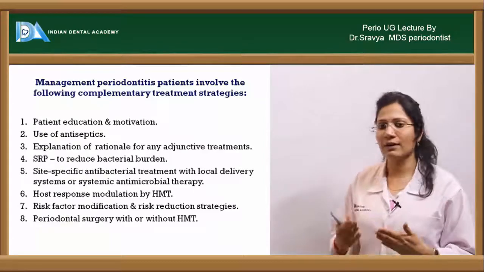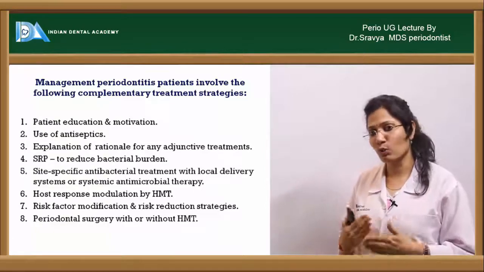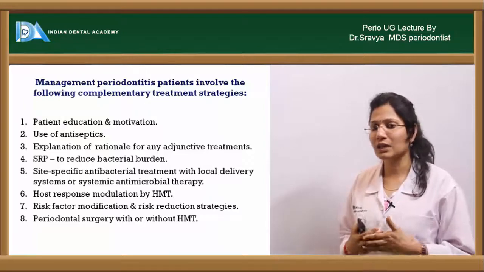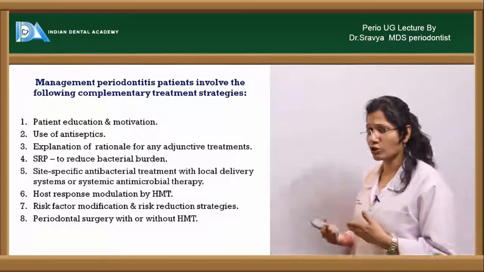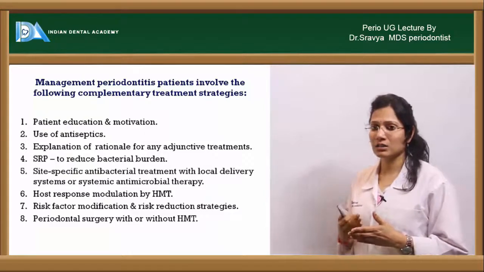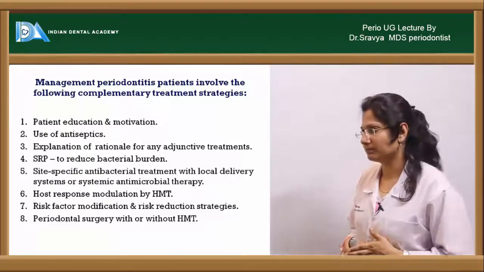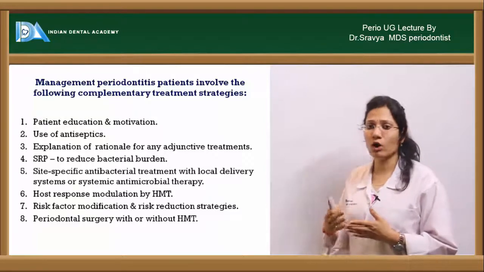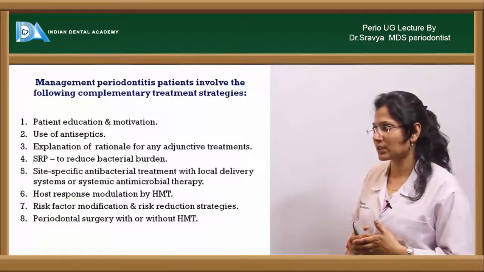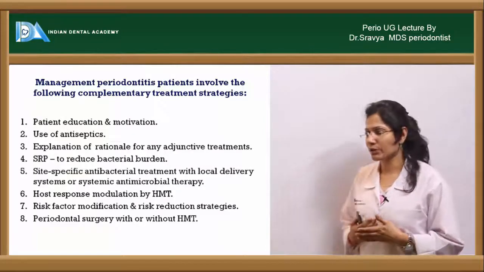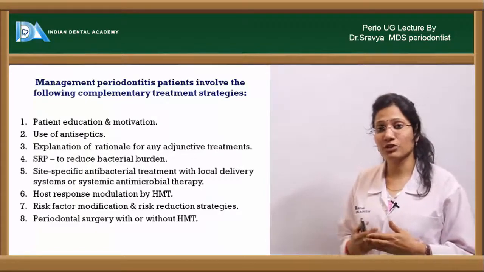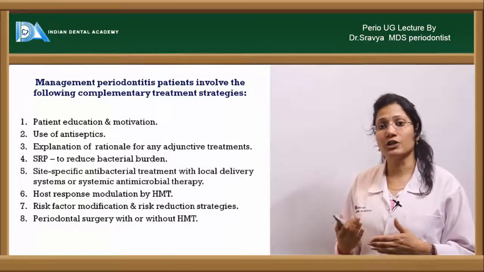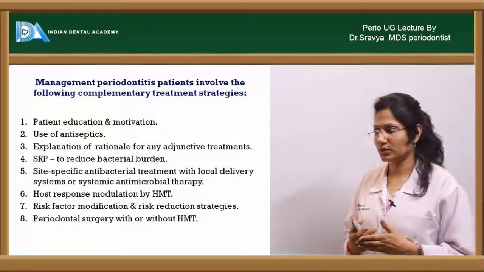So all these have to be educated, and you have to motivate the patient to quit any of the factors or habits that can contribute to the development of disease and an unsuccessful therapeutic outcome. And then you can also involve the use of antiseptics in your routine periodontal treatment protocol. Apart from that, you have to explain to the patient the rationale or the importance of your adjunctive therapeutic procedures.